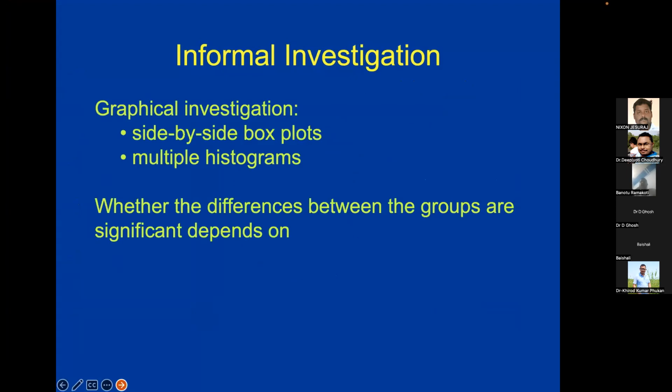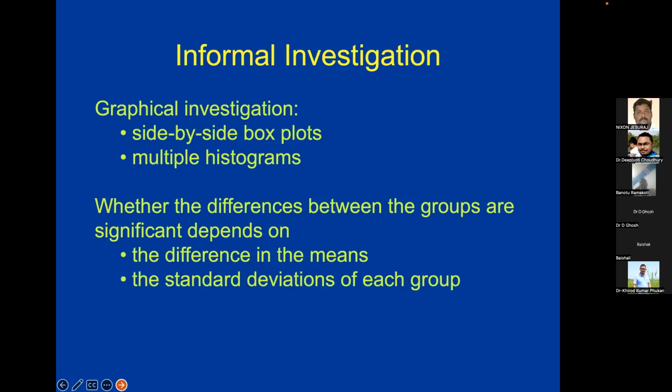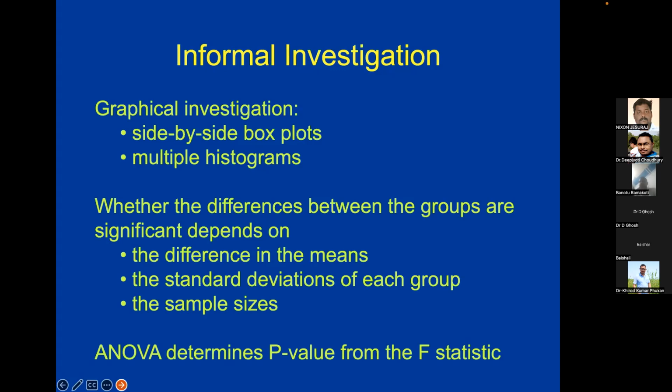In that case study, we referred to the 4 brands of electric bulbs, and under each brand there were 3 observations, that is, the sample size was 3, and as a result we observed the difference in the means. And further, the standard deviations of each group we calculated, and the sample size also.